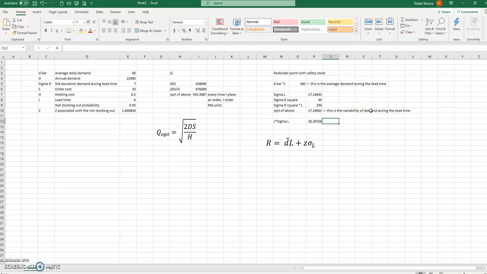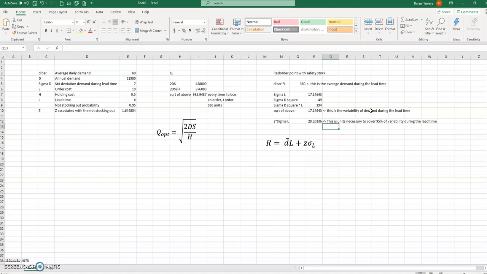So this is, let's say, the units necessary to cover 95% variability during the lead time.